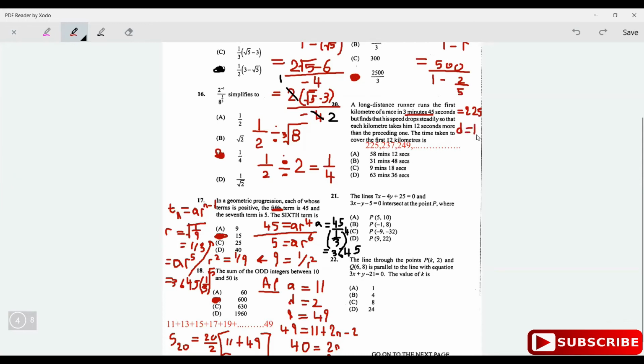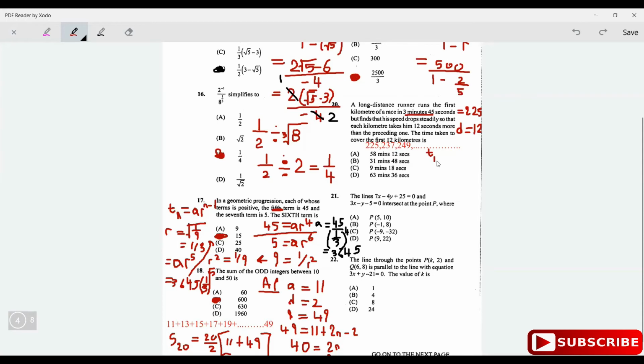And so we need to find the time he takes to cover the 12th kilometer. So we need to find when n is 12. When n is equal to 12, what you're going to get is the time he covered in the 12th kilometer. So I'm going to call that T12.